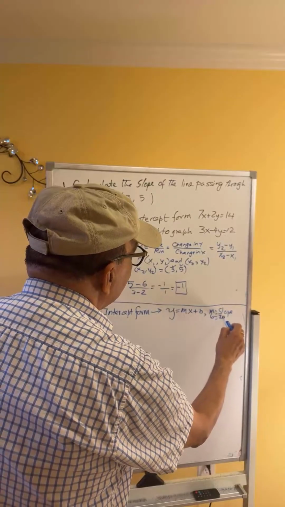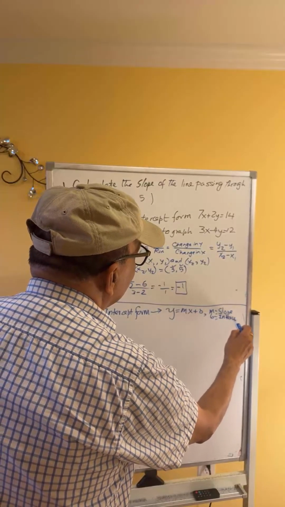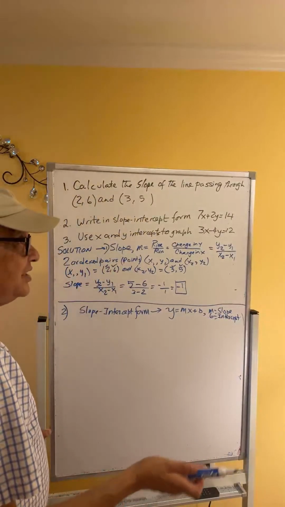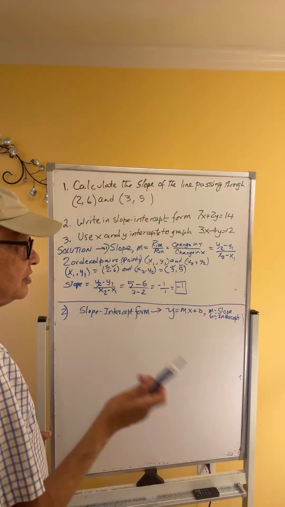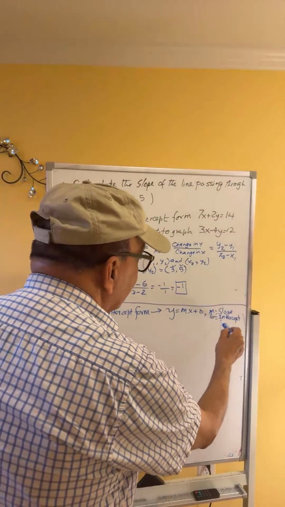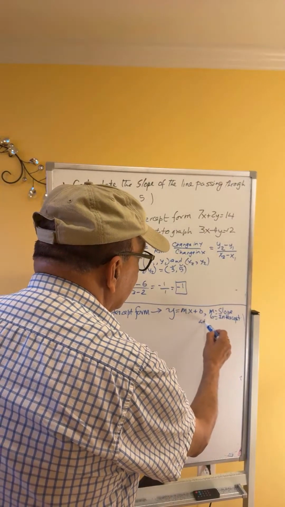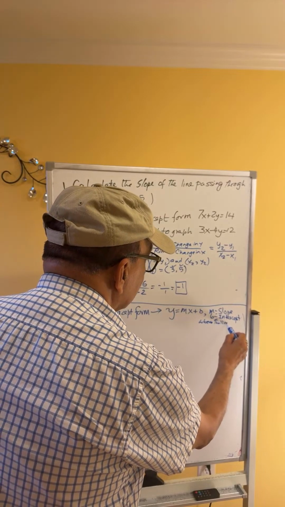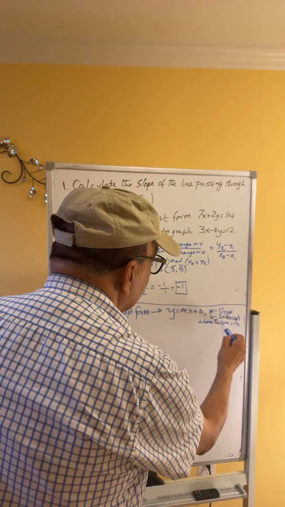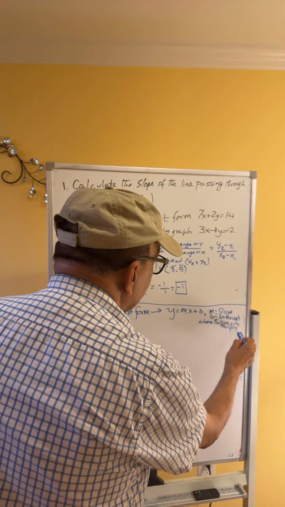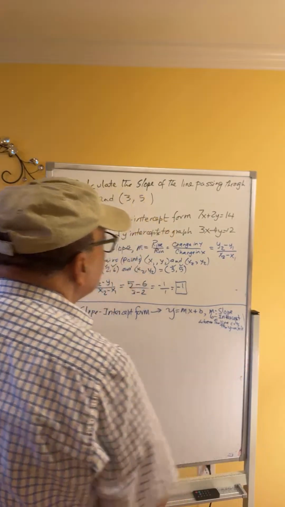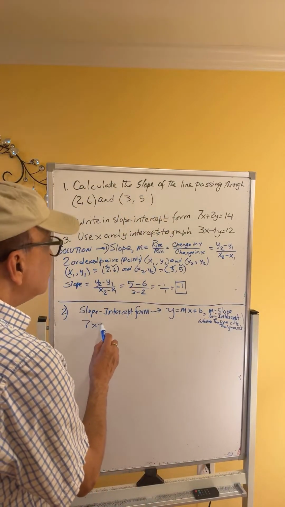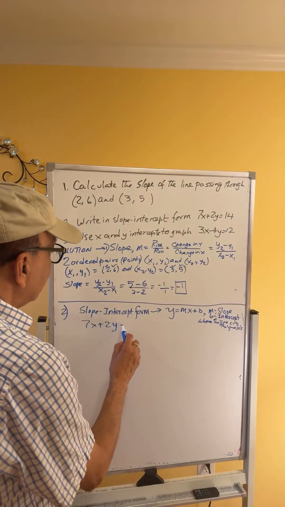It is the value of y where the line cuts the y-axis, okay, or its height of the line above the origin. So this is where the line cuts the y-axis. So in our case, the equation given to us is 7x plus 2y equal to 14.